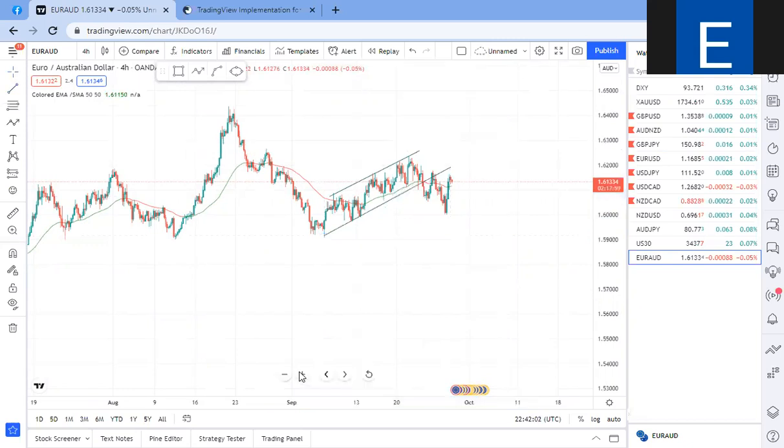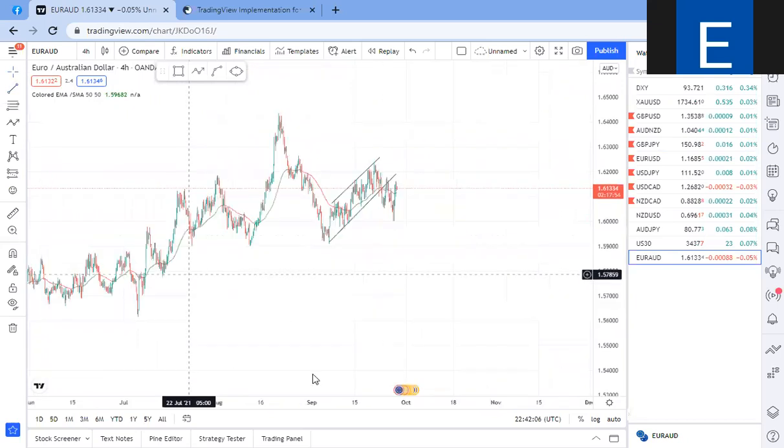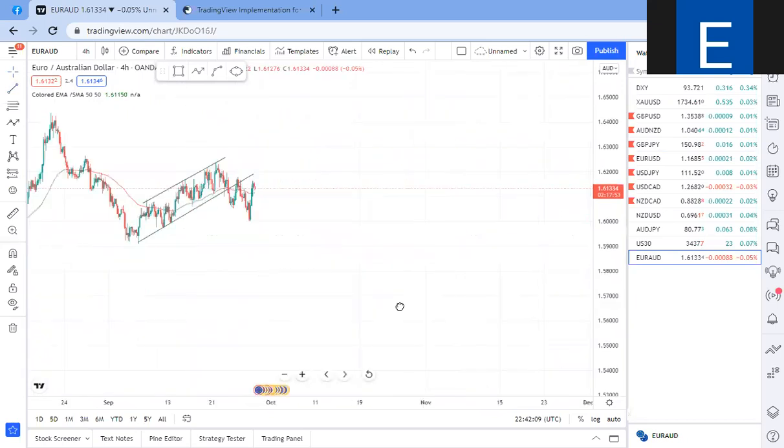You can see here that price had even more than 3 touches.